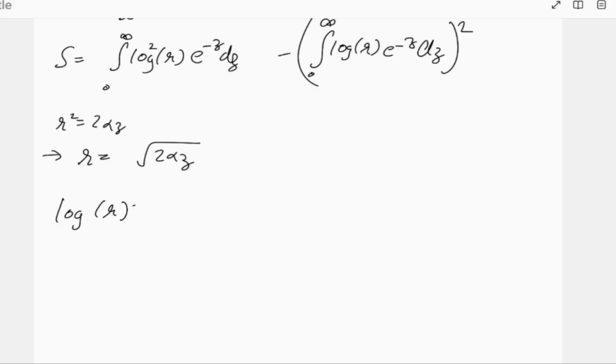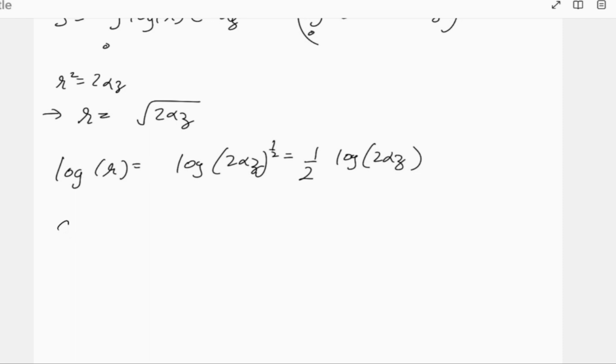Log of r becomes log of 2 alpha z power half, and by the laws of logarithms this becomes half log 2 alpha z. So I'll simplify s.